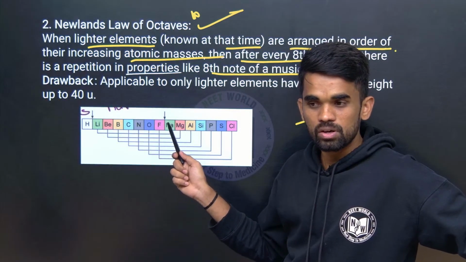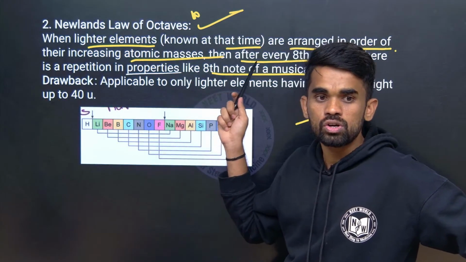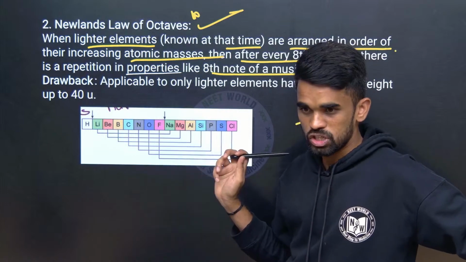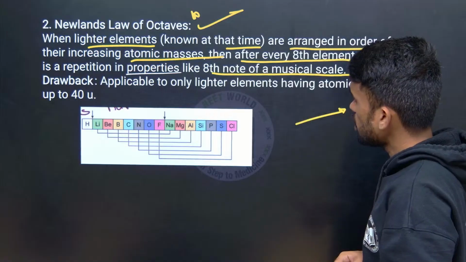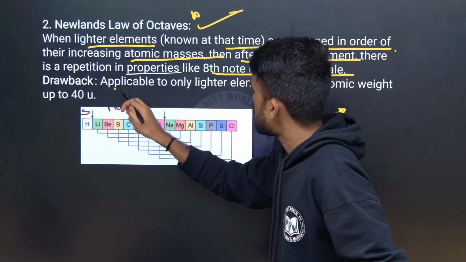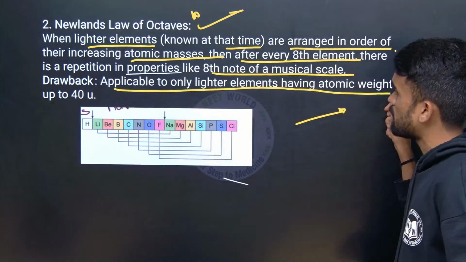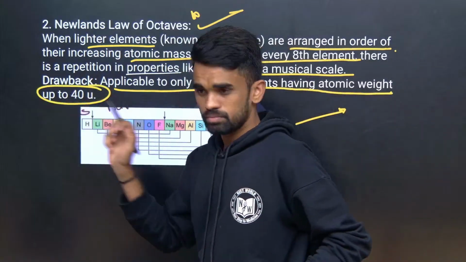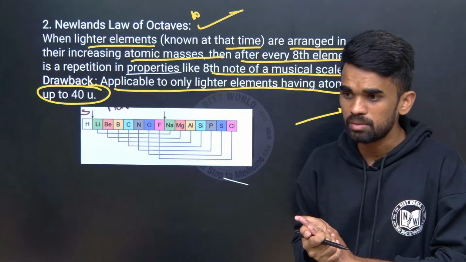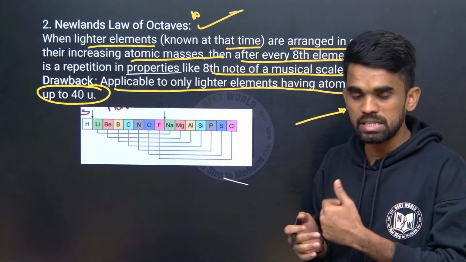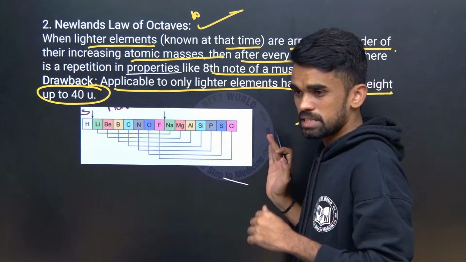When he proposed it, there were no noble gases in the classification, that's why we got first and 8th. Now what is the drawback? It is applicable only for lighter elements having atomic number up to 40. So this is also not up to the mark, as it does not explain all the known elements. This is the drawback.